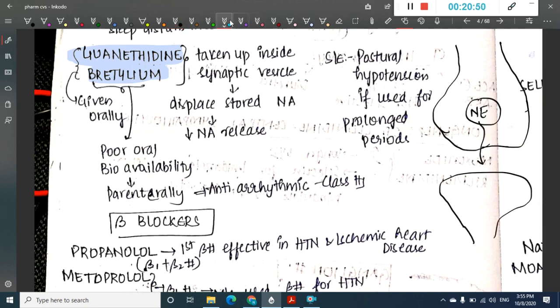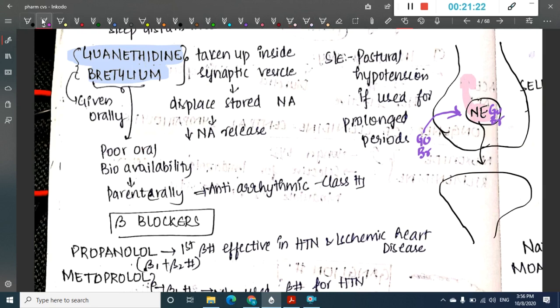Now this guanethidine and bretylium will enter the nerve terminal, and they will replace this noradrenaline. That means these will go into the synaptic vesicle, and the noradrenaline which is there is sent outside.